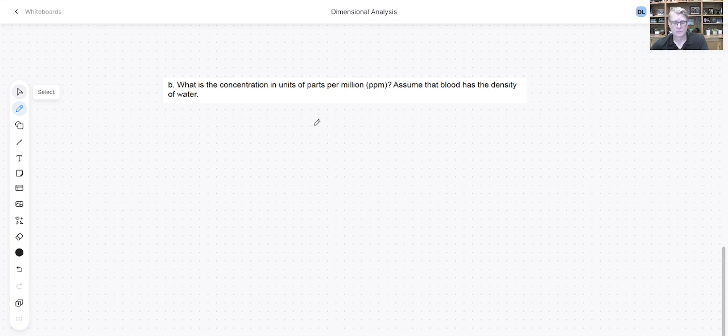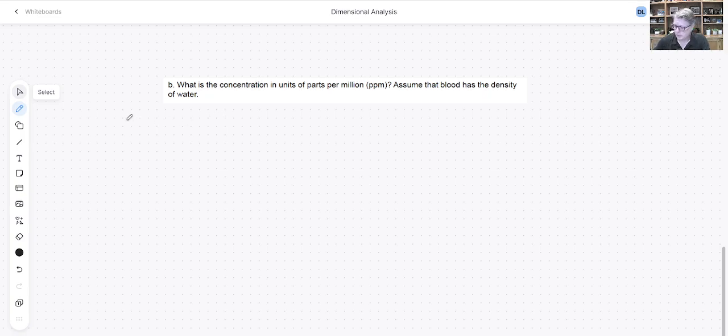Thus, it's a ratio. So our strategy to address this question is to put both the numerator and the denominator in the same units. We're given a little factoid here to help us, and that factoid is: assume the blood has the same density as water, which of course we know is 1 gram per milliliter or 1 kilogram per liter.